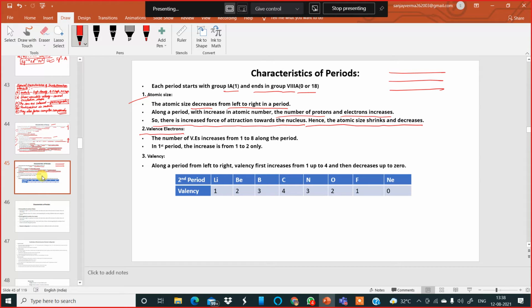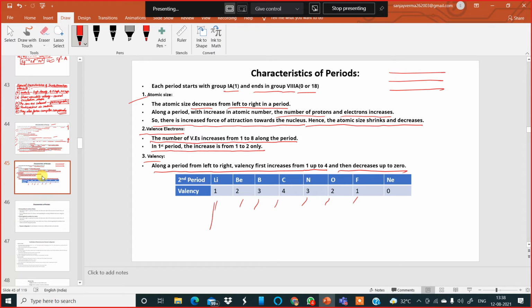Then with regard to valence electrons, the number of valence electrons increases from 1 to 8 along the period. So that means if you're moving from left to right like this, the number of valence electrons increases. In the first period, the increase is from 1 to 2 only. Now, valency along a period from left to right: valency first increases from 1 up to 4, and then it decreases up to 0.